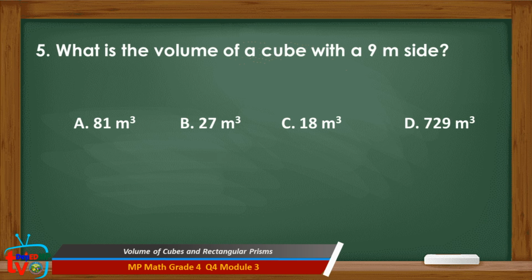Number 5. What is the volume of a cube with a 9-meter side? Letter A, 81 cubic meters. Letter B, 27 cubic meters. Letter C, 18 cubic meters. Letter D, 729 cubic meters.